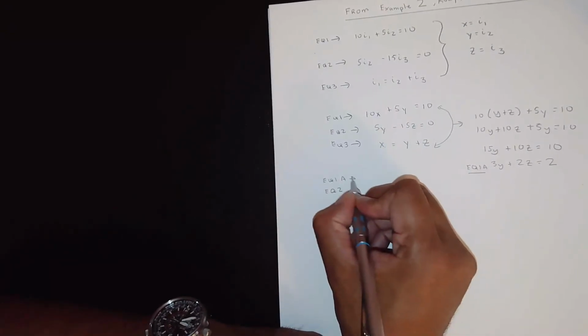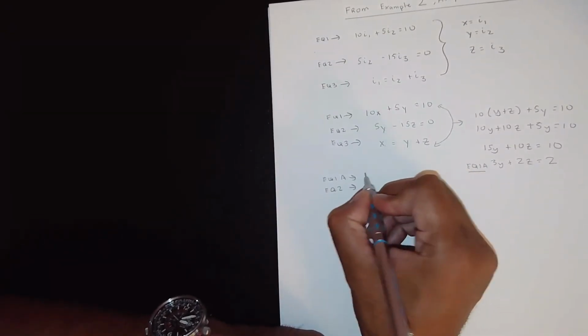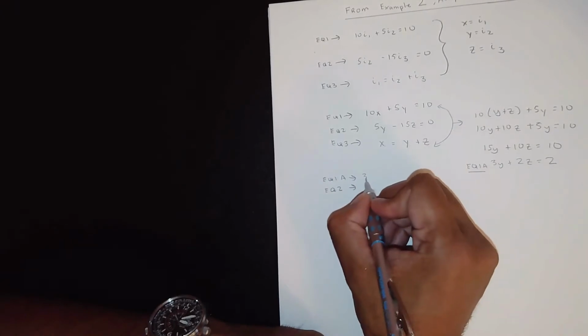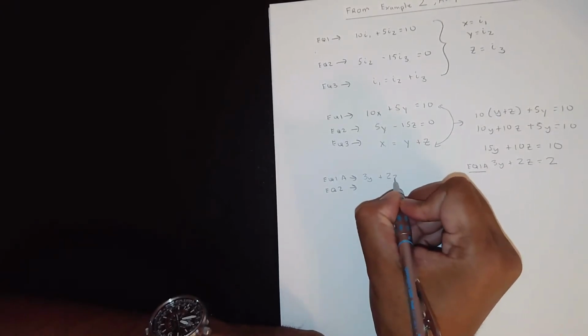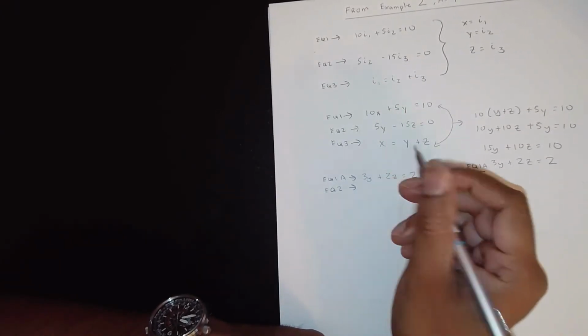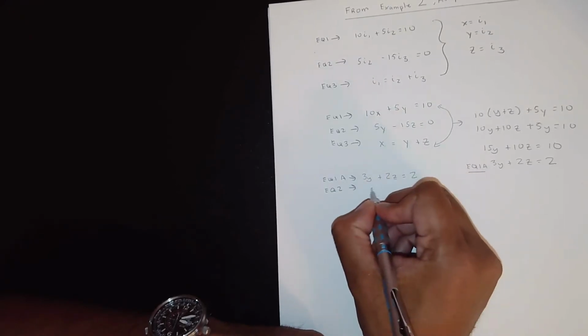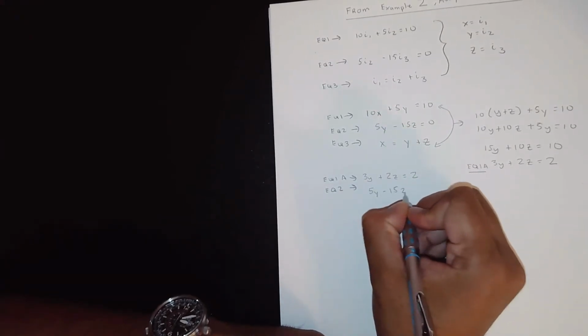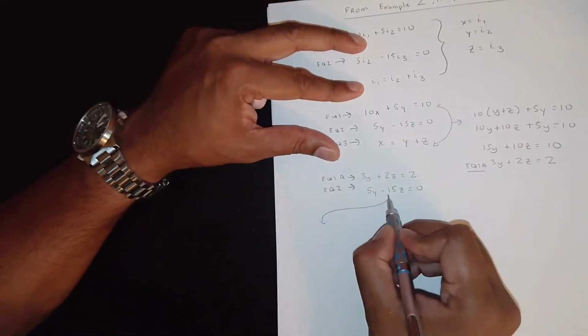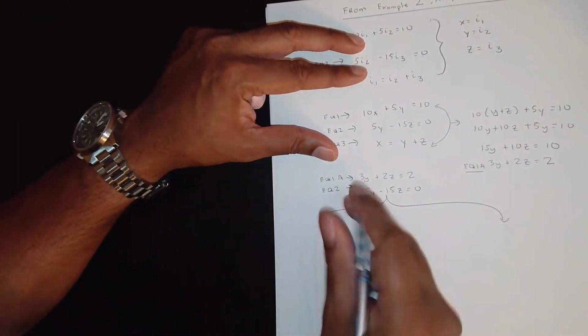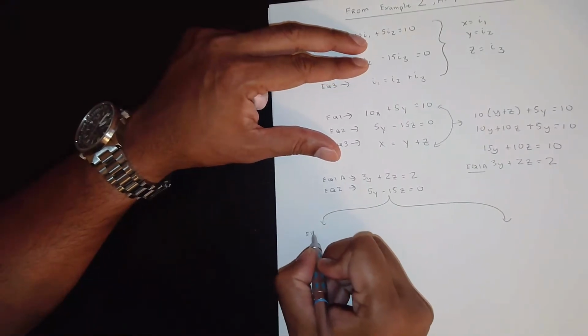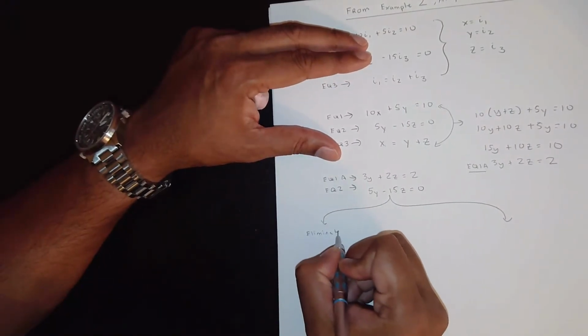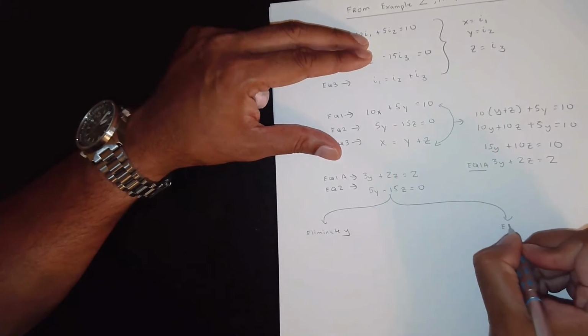So to get this, we will write equation 1a, 3y plus 2z is equal to 2, and then you're going to put in 5y minus 15z is equal to 0. So how do you eliminate this? It's very simple. You're going to split it into two different parts right here. Here you're going to eliminate the y, and on this side you're going to eliminate z.